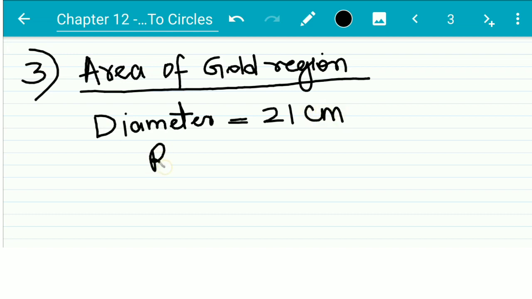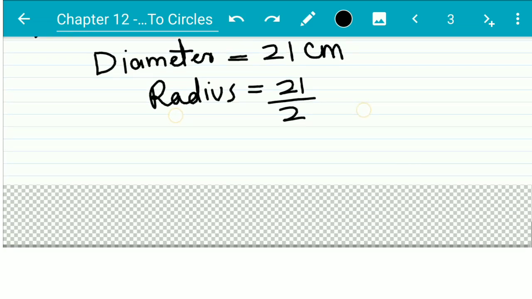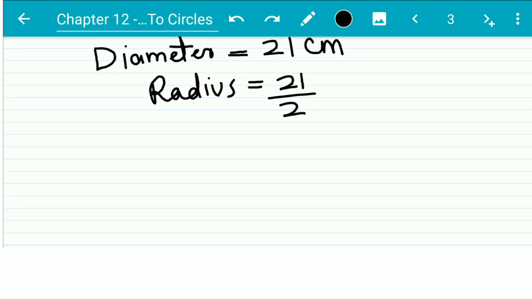Therefore, radius is equal to what? 21 by 2, which is equal to 10.5 centimeter, or keep it as 21 by 2 itself. Now substitute this radius value into the area formula.